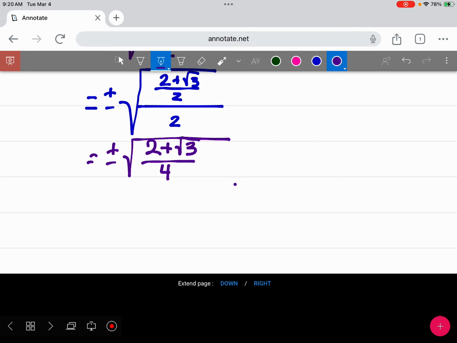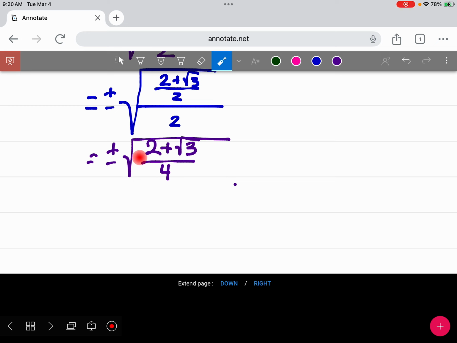Is there anything I can simplify now? You could. There's an easier option for simplifying right now, because what do we have that we really shouldn't have when we get to the bottom of an answer? I've got a radical in my denominator here.